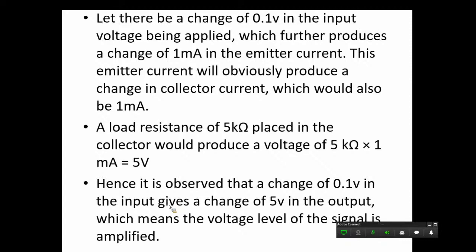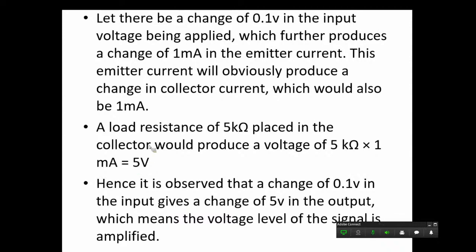So it is observed that a small change of 0.1 volt in your input can cause a large output voltage with a magnitude of 5 volts, which means the voltage level of the signal is amplified.